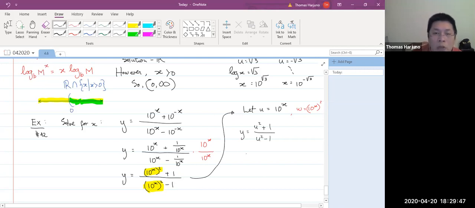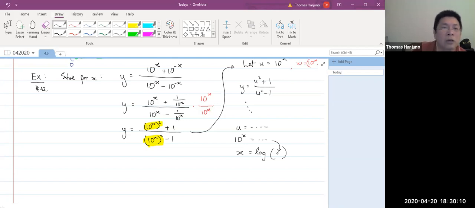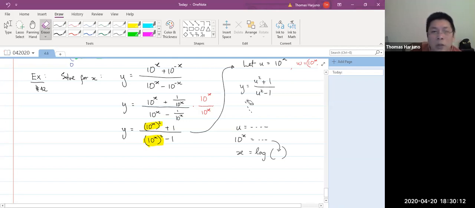Once we get the u, whatever that is, that's 10 to the x, right? So x will be log of whatever you have here. Let me try to execute it so that we don't get too vague.